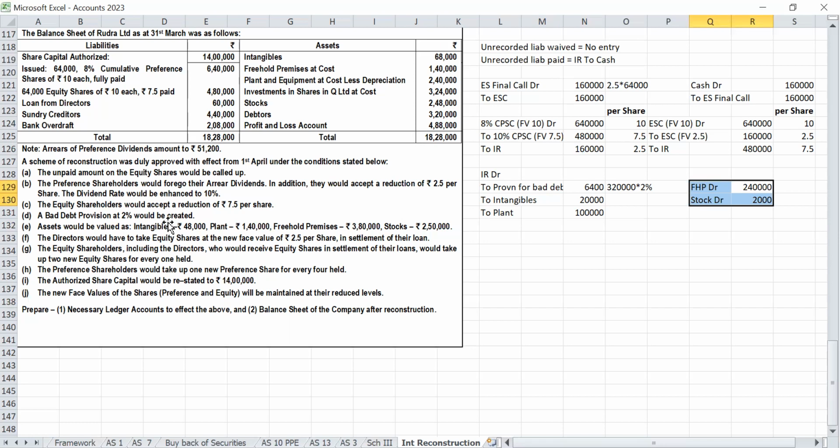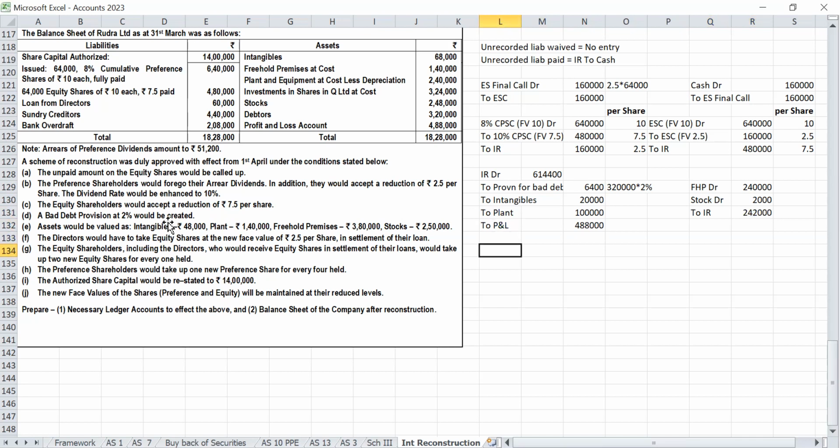Correct? Yes, sir. Profit and loss account, also we have to cancel that. Yes, sir. Accumulated loss, fictitious assets we have to cancel. So upon internal reconstruction debit will be 61,440. To internal reconstruction 2,42. Clear? Yes, sir.